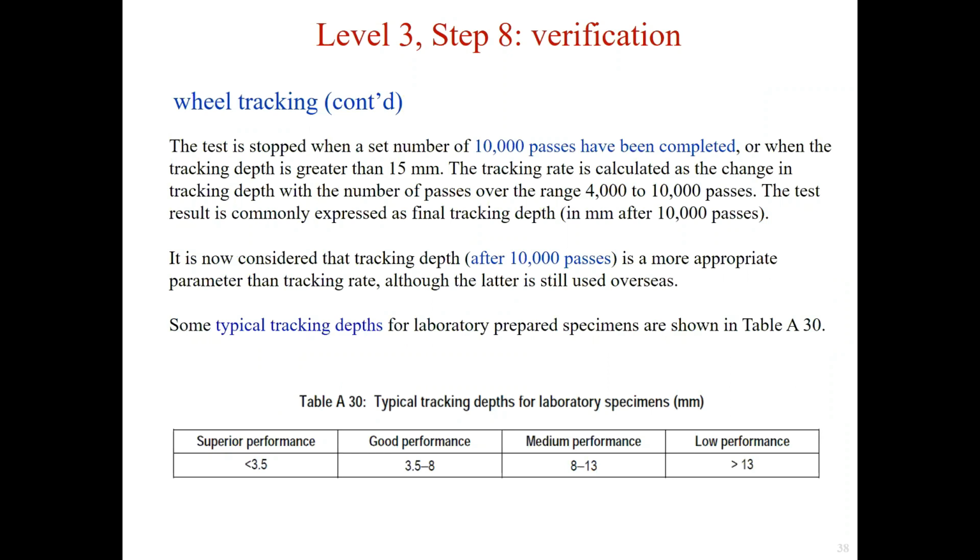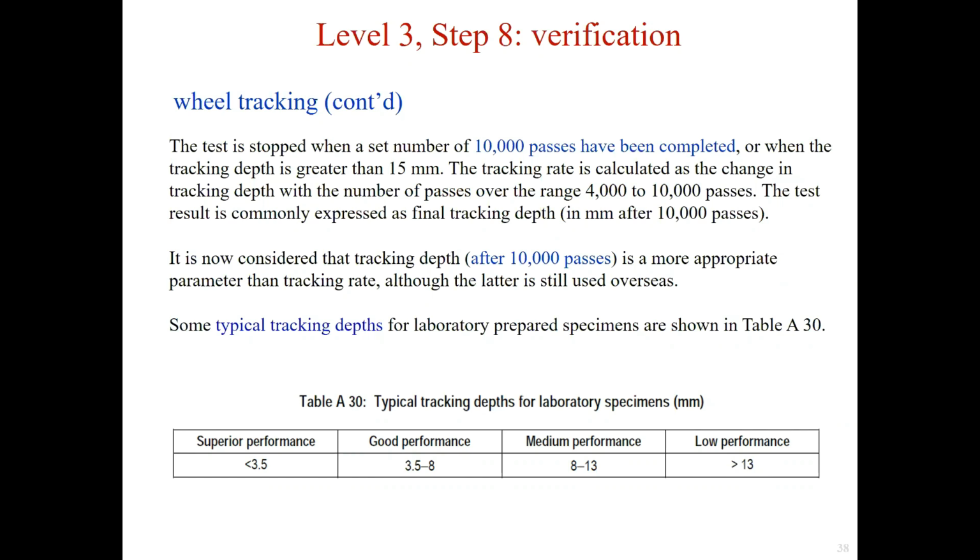The wheel tracking test is stopped either when 10,000 passes have been completed or the tracking depth is greater than 15 millimeter. The wheel tracking rate is calculated as the change in tracking depth with the number of passes over the range of 4,000 to 10,000 passes.